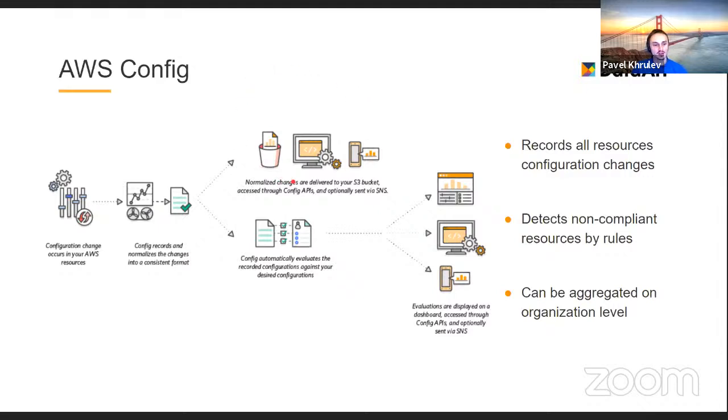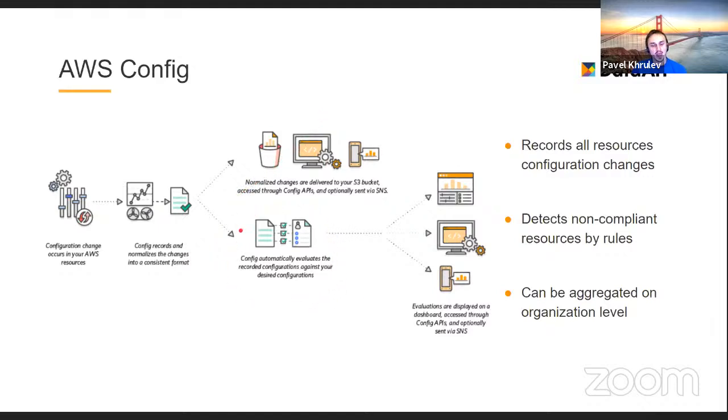It just records all changes in your resources. If you change something in your resource, the new state will be recorded, and you can track all the changes of your environment.